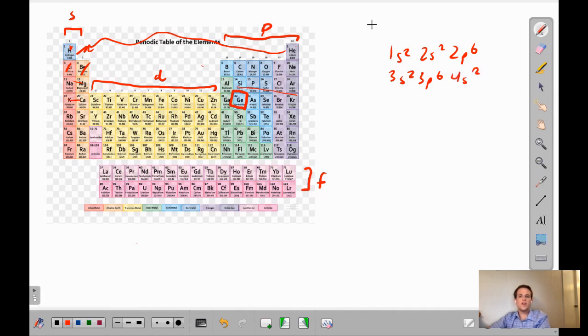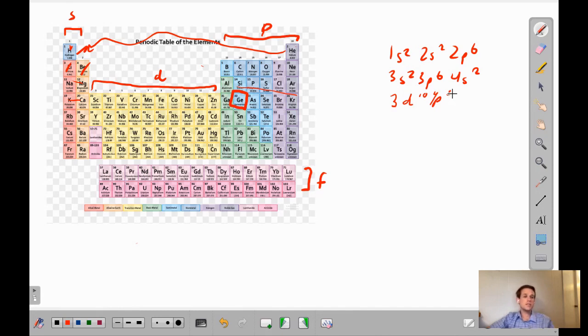It's going to get a little weird right here. You would say, oh, this must be 4d10. It's actually 3d10. The d block is a little bit different in energy than the other ones, so it actually goes out of order right there. And that's why we represent it the way we do, as its own block. And then we have p2, so 4p2. That would be our electron configuration.